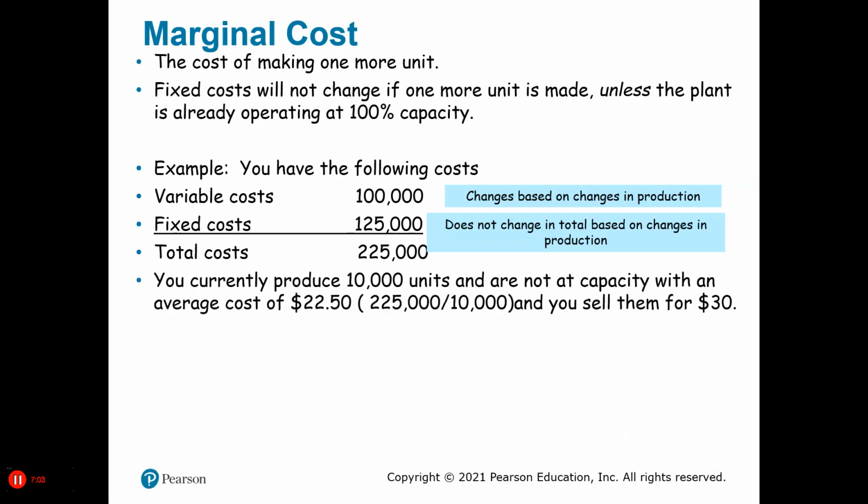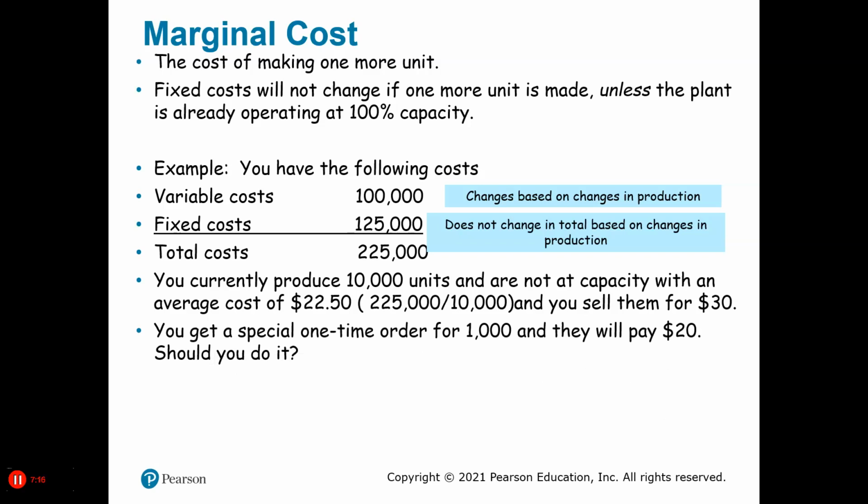So, you currently produce 10,000 units, you are not at capacity, and you have an average cost of $22.50, and you sell them for $30. Now, what happens if someone comes to you with a special order for 1,000 units, and they'll pay you $20? Should you do it? Well, first of all, it can't be for many of your current customers, because then all they'd want to ever pay is $20.